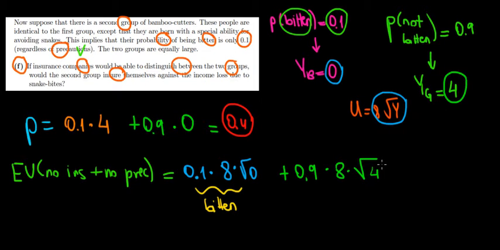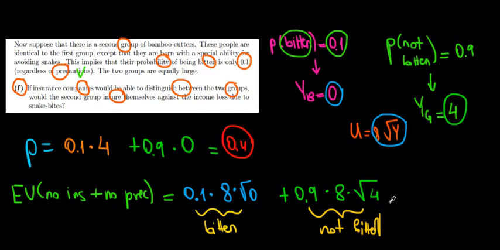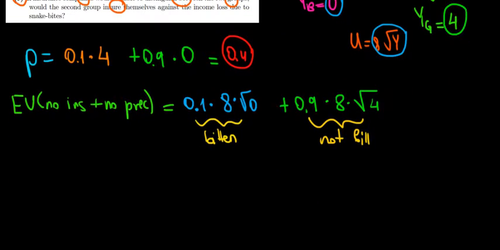That would be his good case scenario. In this case he is not bitten. Now if we work out the math over here, what do we get? Well, this value from here is just going to be 0 because we multiply with square root of 0, and the value on this side is just going to be equal to 14.4 euros. So that's the expected utility of not having insurance.